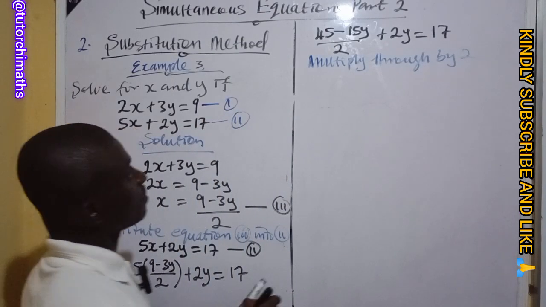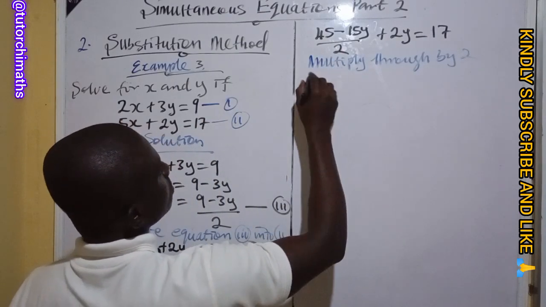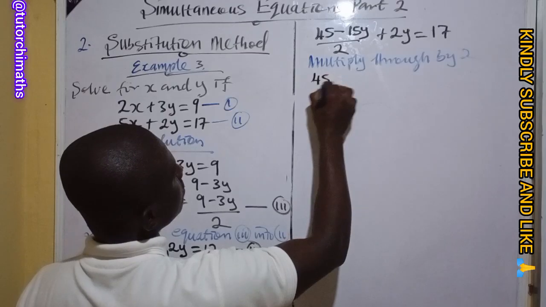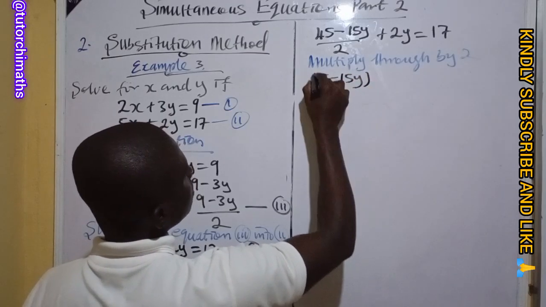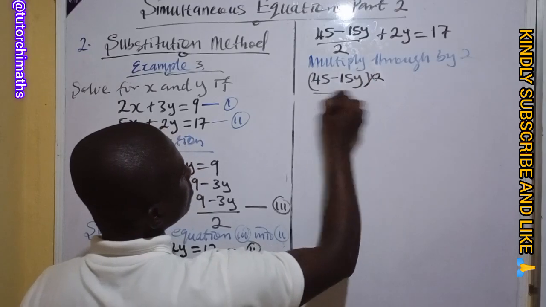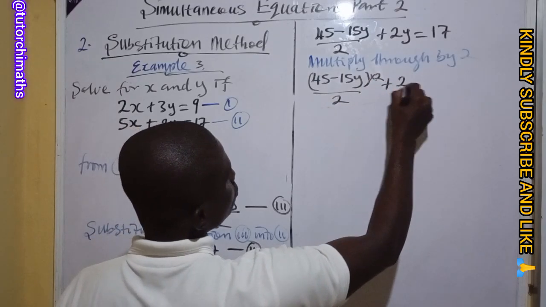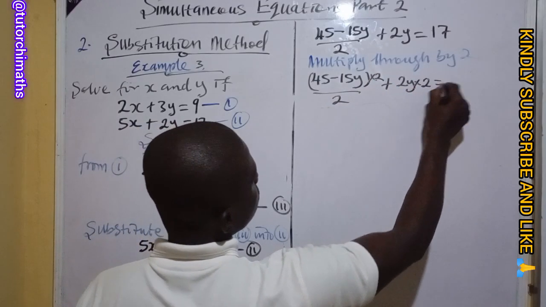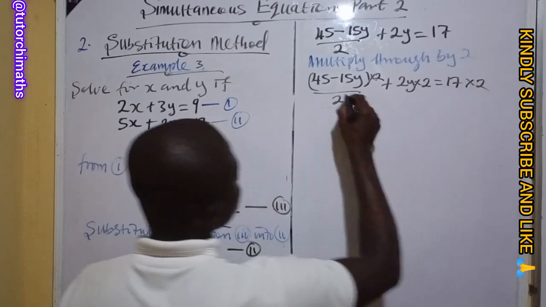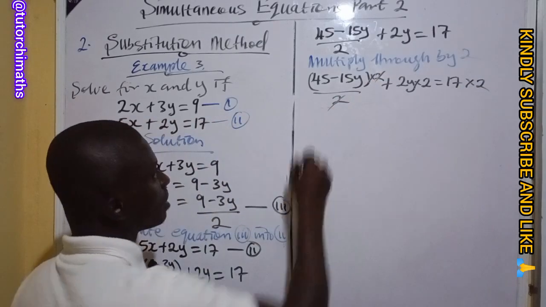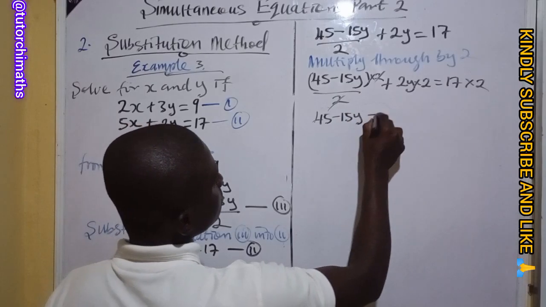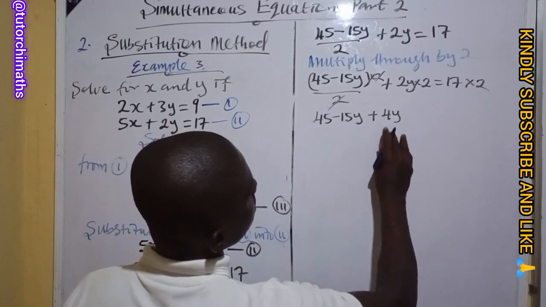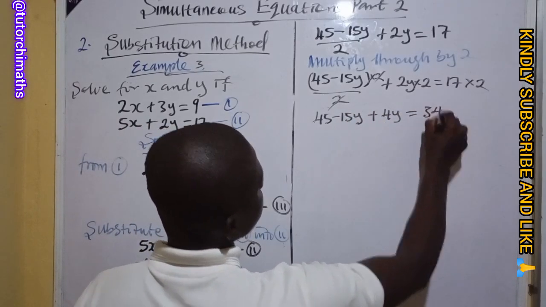I will have 45 minus 15y, times 2, all divided by 2, plus 2y times 2 is equal to 17 times 2. So these two can cancel. I will have 45 minus 15y plus 4y is equal to 34.